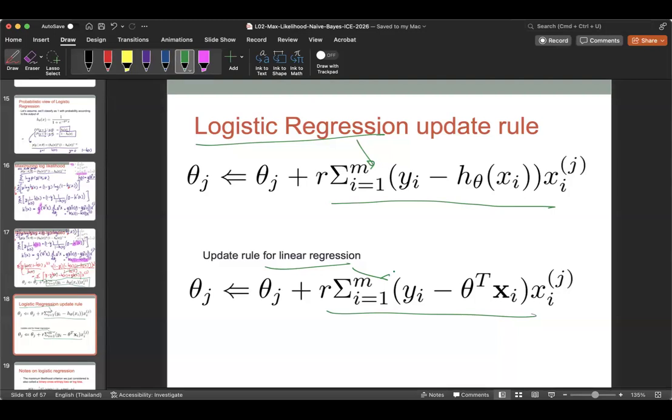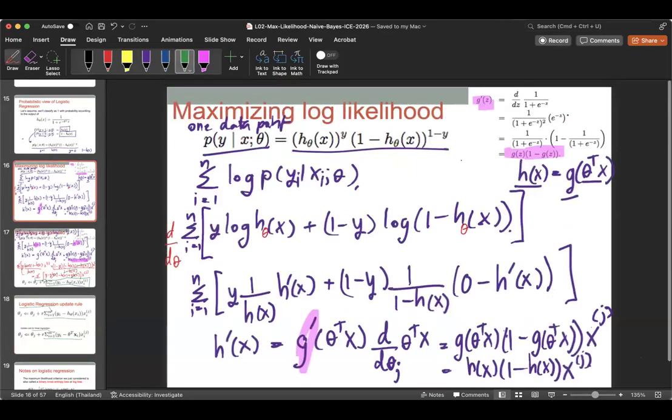It just turned out very similar because of the derivative of the logistic function, which is very special. The math works out very nicely.